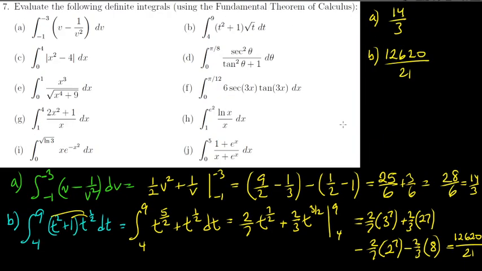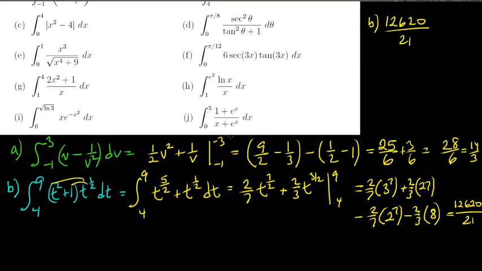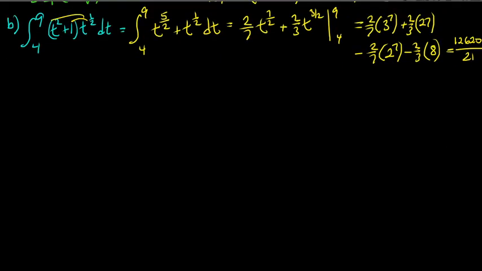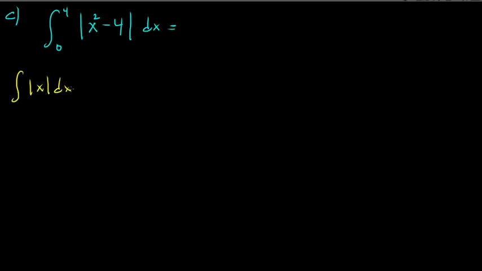And then what are we up to? Part C. Yeah, so that's not an obvious one. Part C, we have the definite integral from 0 to 4 of the absolute value of x squared minus 4 dx. What's difficult about this is that we're integrating the absolute value, and I don't think we ever did this.